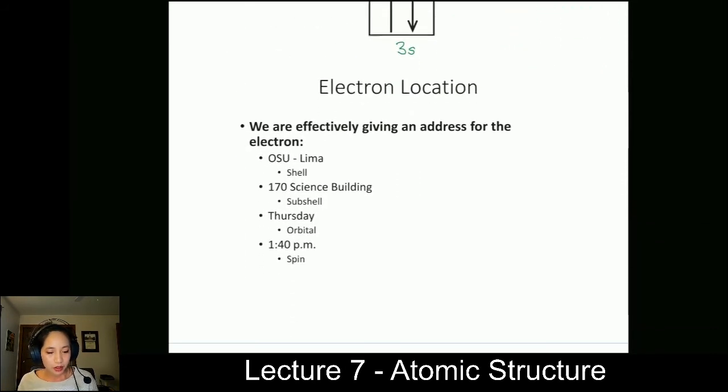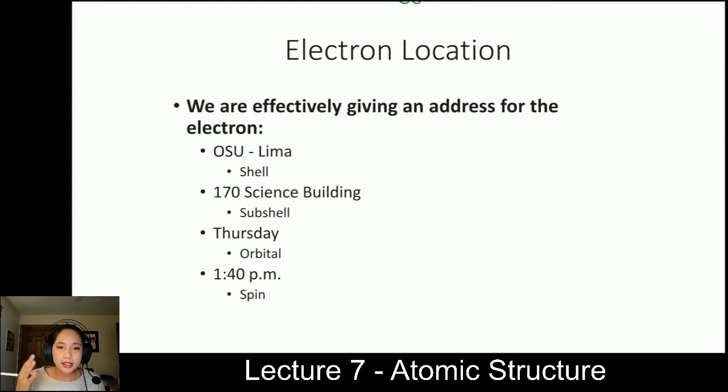Okay, so quantum numbers are essentially telling us the location of an electron with 4 different quantum numbers. It's like giving an address for an electron. Our shell tells you what town you're in, if you were an electron. So I could say, we're at OSU Lima. That's our shell. Our subshell makes it more specific. It might tell you what building you are in in your town.